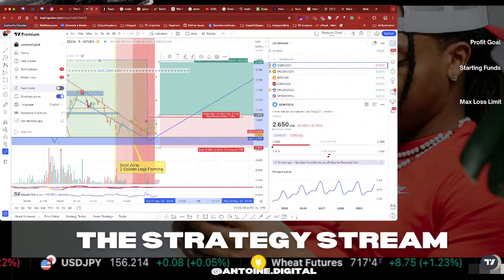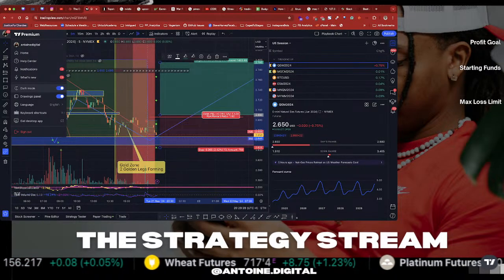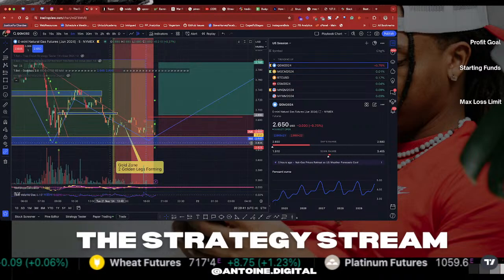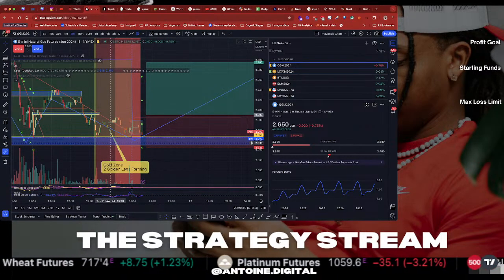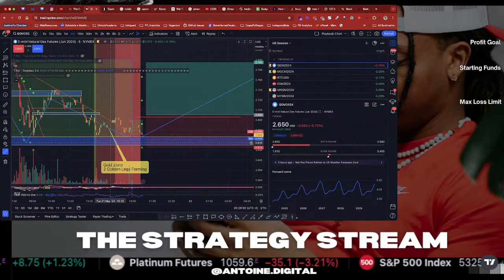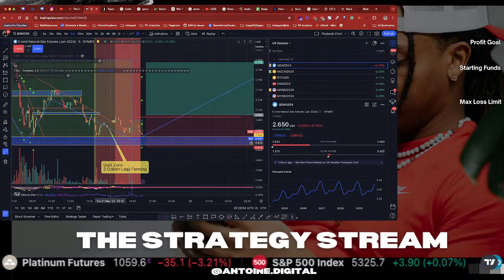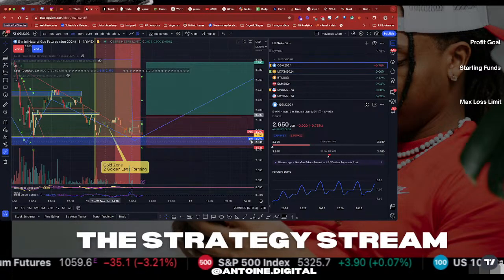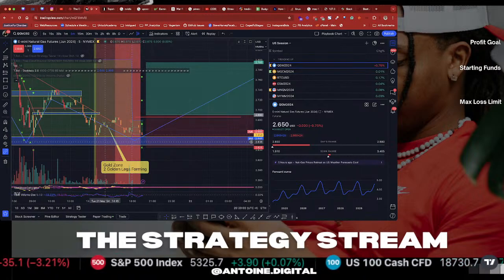Just waiting to get up out of this red zone, which we're doing right now, finally. NG about to hit my floor. Oh yeah.